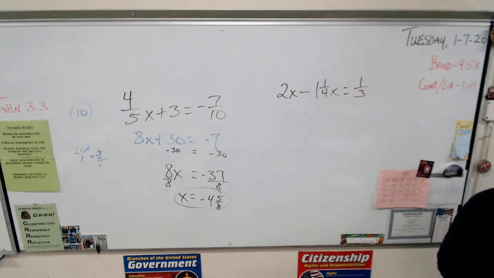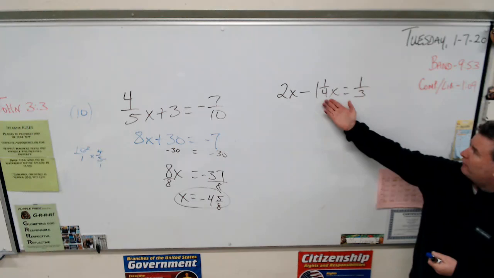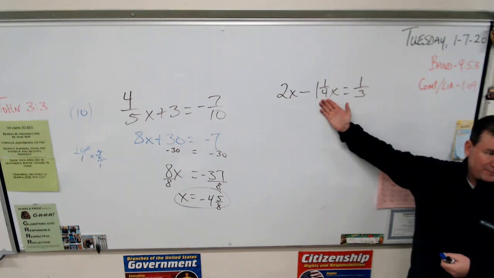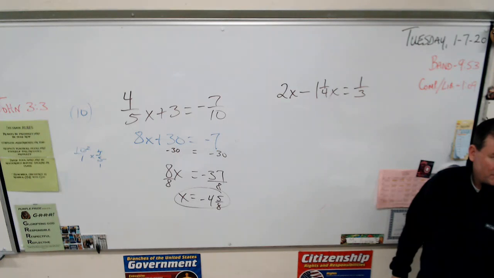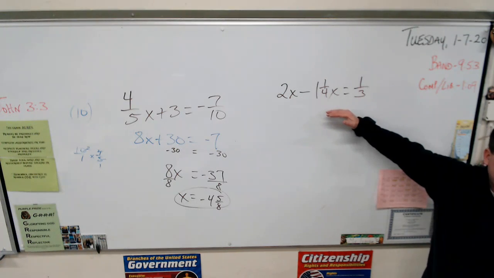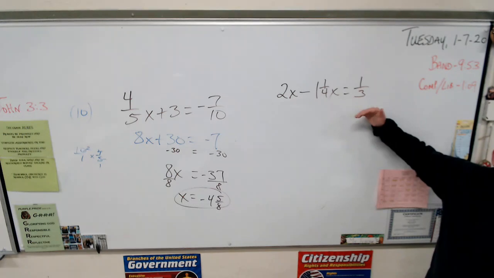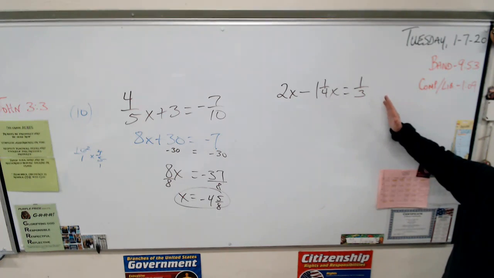So what am I going to multiply everything by, Seth? What do you think? If I multiplied everything by 4, that wouldn't help me. Because what would this be? 4/3, still a fraction. Who said 12? 12! Because multiplying by 12, that's the lowest common multiple. That way I know I'm going to rid everything of fractions.